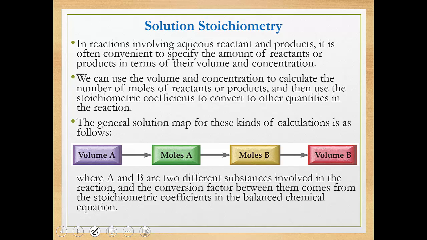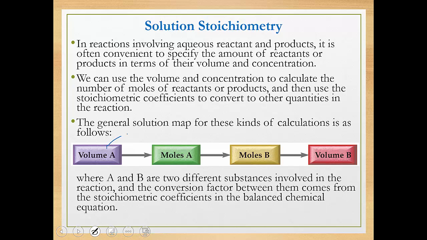You've been doing stoichiometry with mass up to this point, but for aqueous solutions it's easier to talk about the concentration of the solution. A concentration and a volume give the same number of moles as a mass and a molar mass. So we calculate the number of moles of reactants or products, and then we just continue on with stoichiometry just like we've been doing.